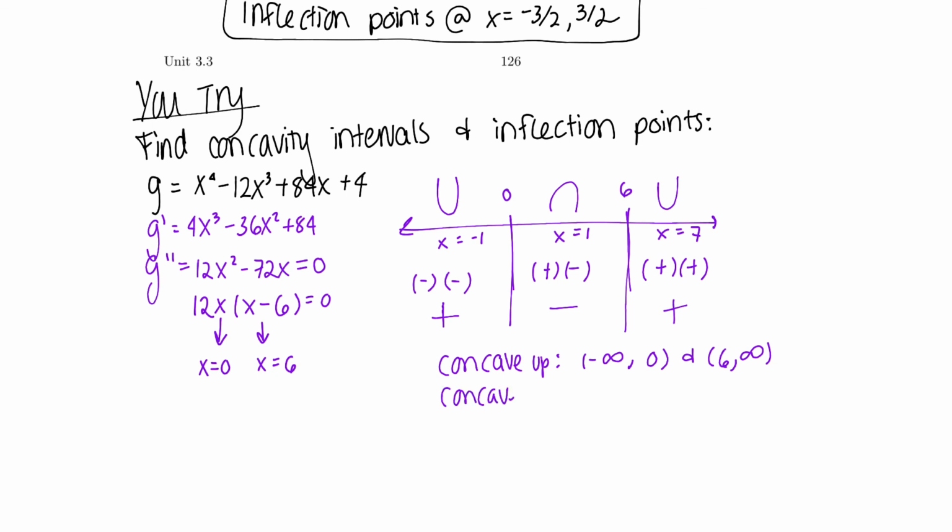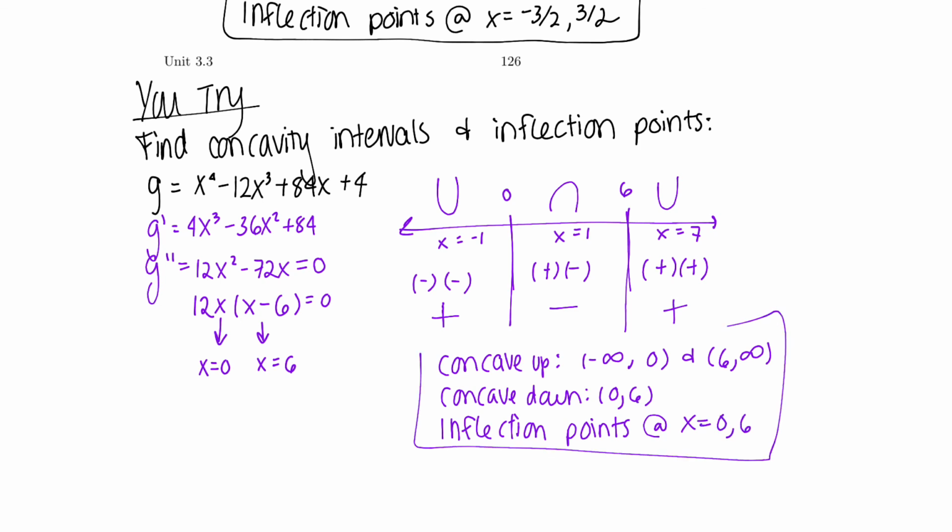Concave down from 0 to 6, and we have inflection points at 0 and 6, because concavity changes at both places. Any questions on that example? Okay.